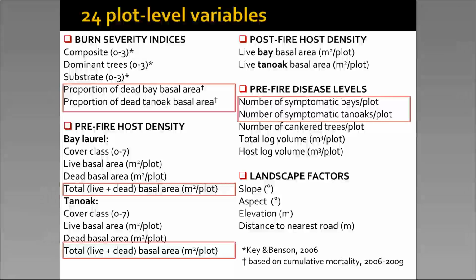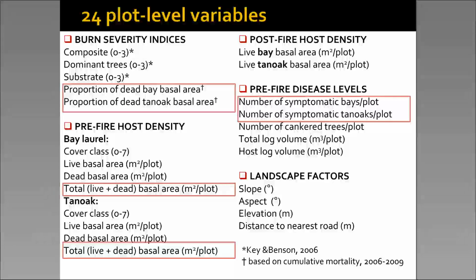So we had different burn severity indices, based on those burn severity measurements that we did immediately post-fire, as well as looking at dead basal area of P. ramorum hosts. So that was looking at cumulative mortality between 2006 and 2009 of what portion of the basal area of those hosts had died, presumably because of the fire.